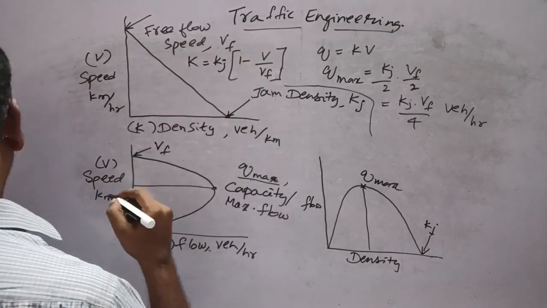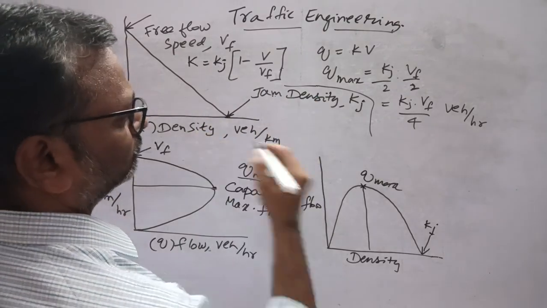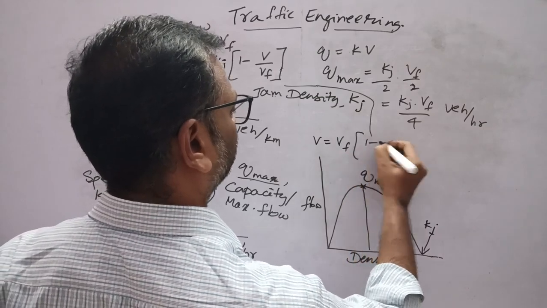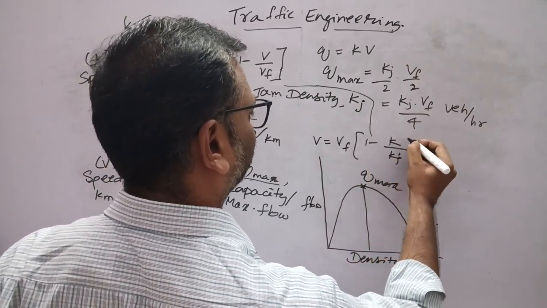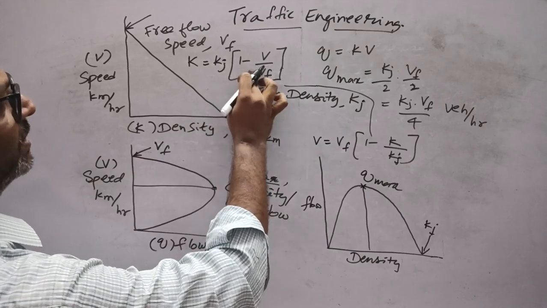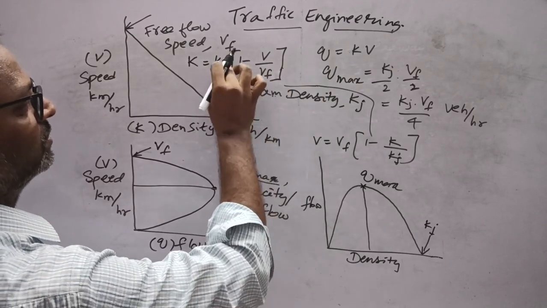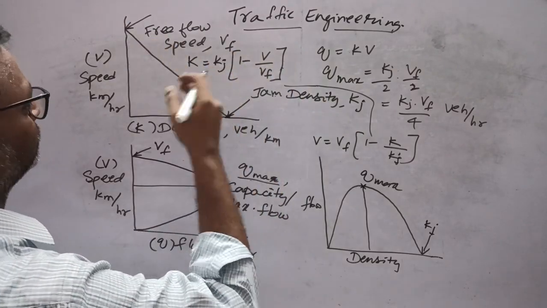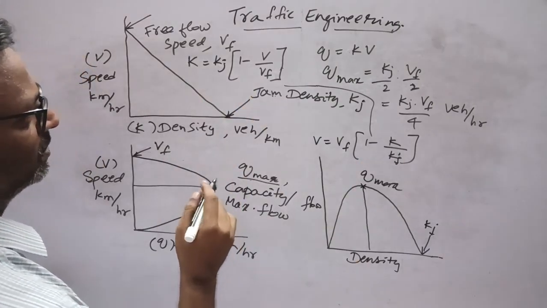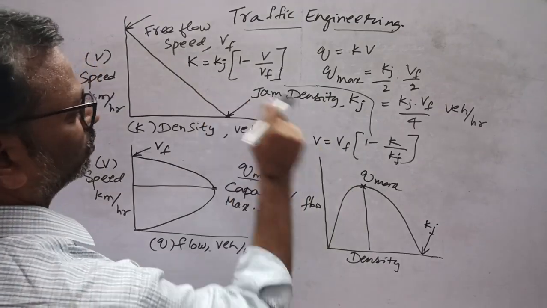Similarly, V also can be written as Vf into 1 minus K by Kj, or Vf minus Vf by Kj into K. You can write it like that also, where Vf by Kj is the slope. Got it? Similarly this thing. And if you want Q, multiply these two.